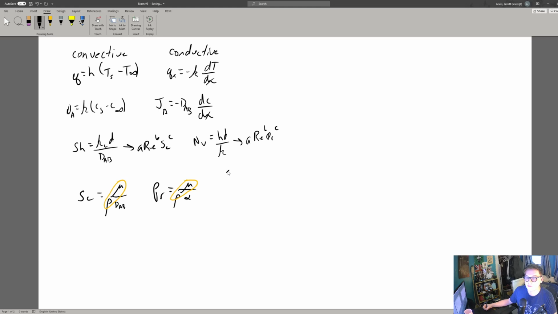We know that to be the kinematic viscosity. So we can reduce these equations down a little bit. The Schmidt number is the kinematic viscosity divided by the diffusivity, and the Prandtl number is equal to the kinematic viscosity divided by thermal diffusivity.